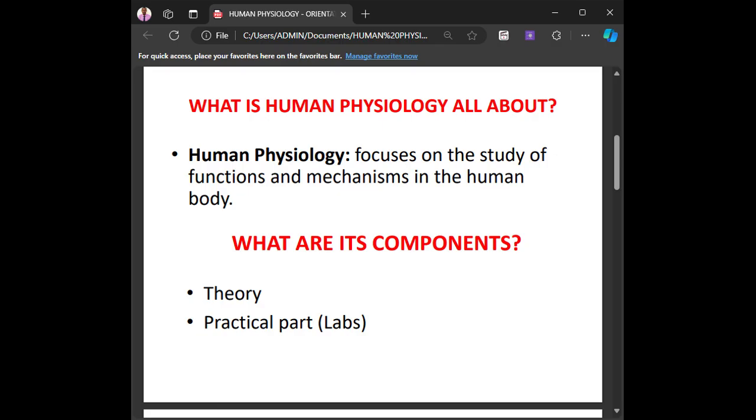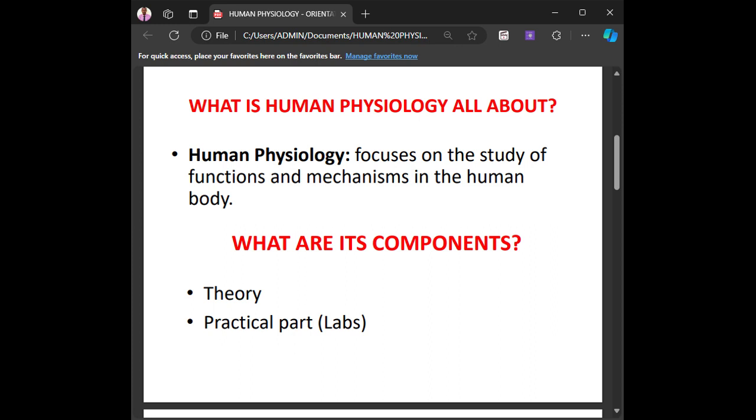For instance, if you are moving as a human being, physiology will come in and try to find out how things are happening. What are the tissues? What are the cells?